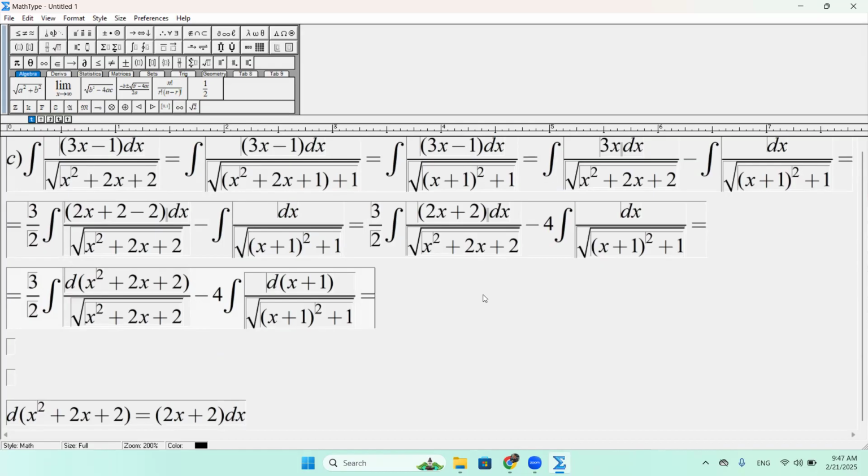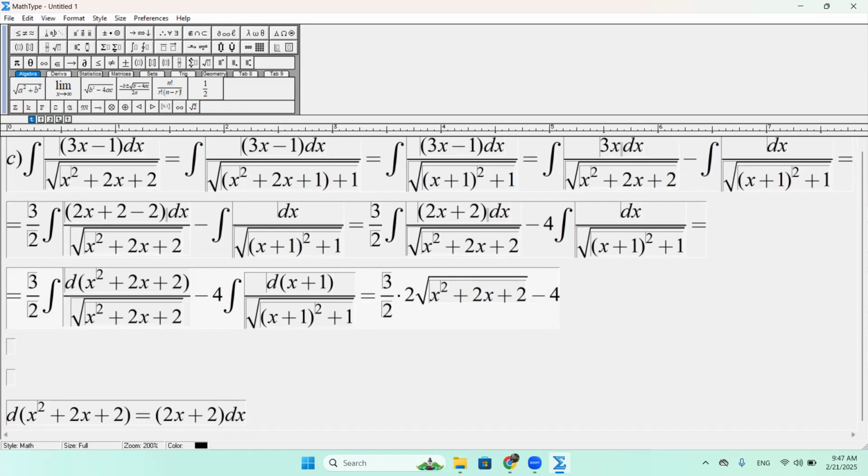So the first one, we integrate like a power function. So 3 over 2 multiplied by 2 this square root. And what about this expression? So minus 4.